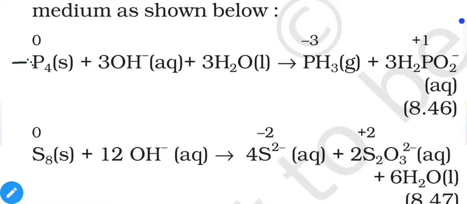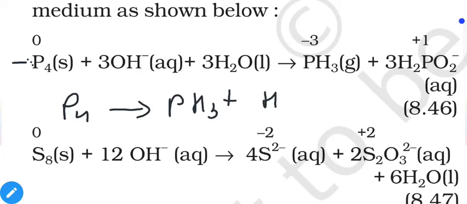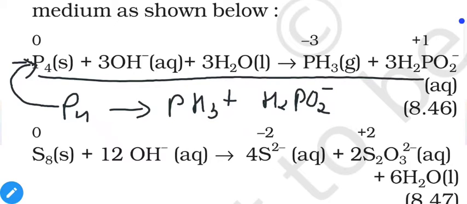In the question, the information provided will be that P4 produces PH3 and H2PO2 minus. Our target is to balance the reaction.